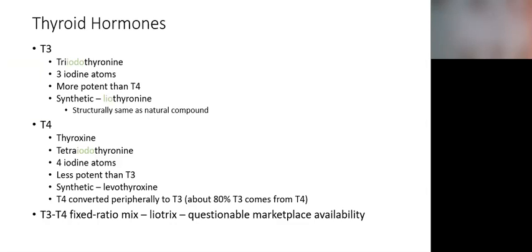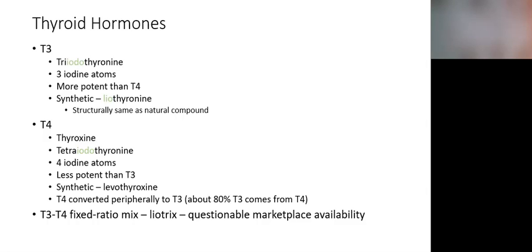The thyroid hormones are known as T3 and T4. T3 is triiodothyronine, and T4 is thyroxine. T3 is the more potent hormone. T4 is more prevalent and is converted into T3.